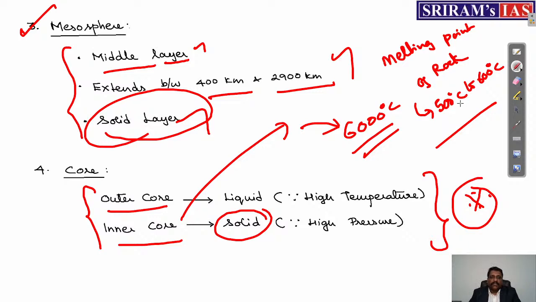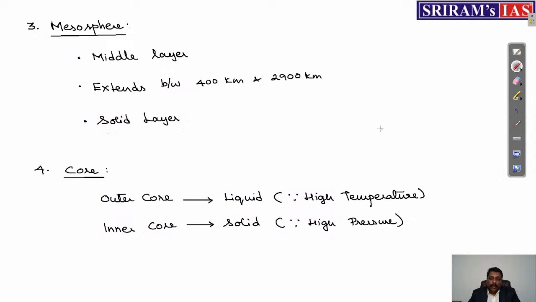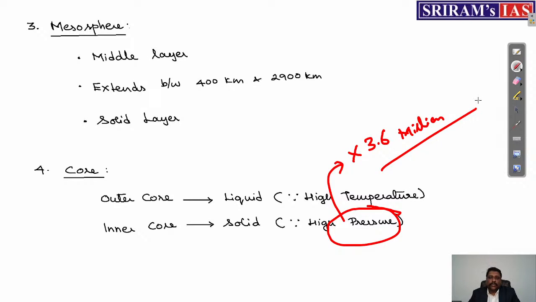And my dear friends, if you ask me why the inner core is solid in spite of 6000 degrees centigrade, it is all because of pressure. Unimaginable pressure. This pressure is nearly 3.6 million times atmospheric pressure.